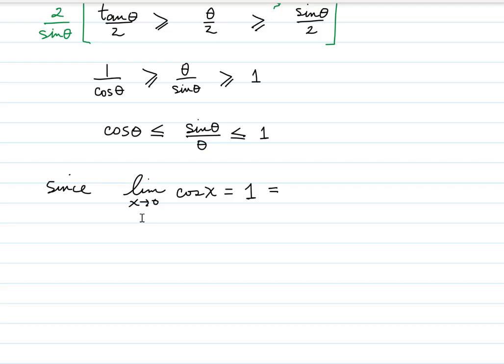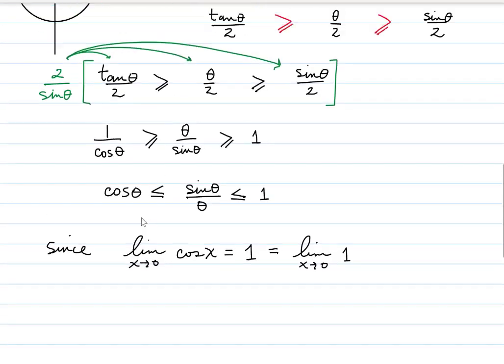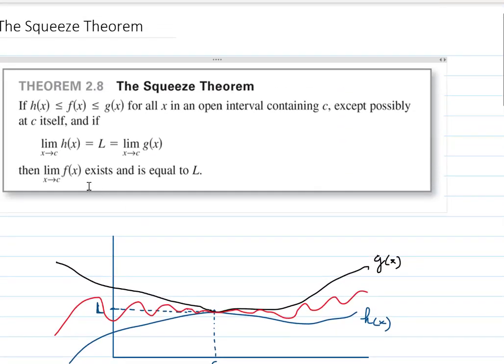That happens to be equal also to the limit as x goes to 0 of 1. This is just a constant. Remember our very first basic limit here. The limit of a constant is just that constant, so it's 1. Since this is true, this satisfies the second condition of our squeeze theorem.